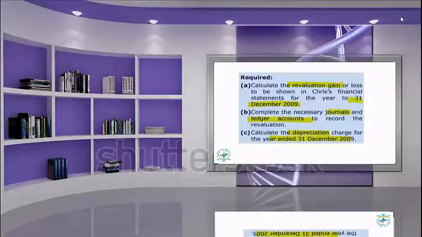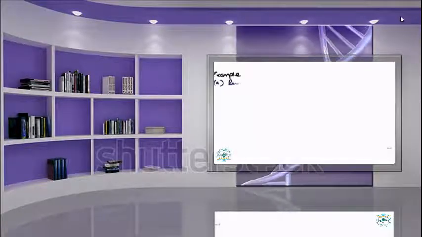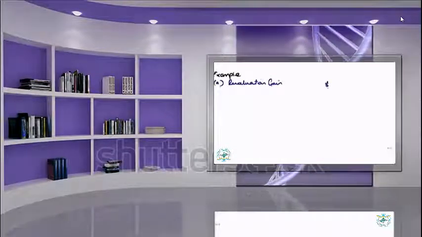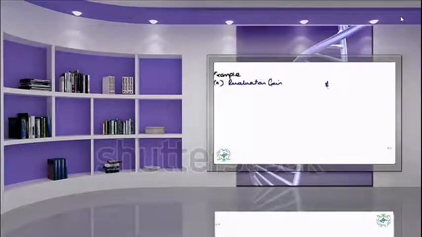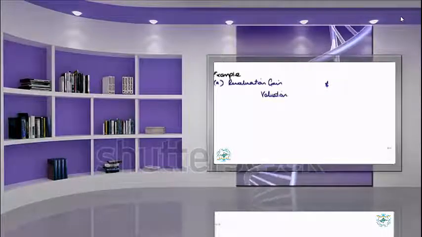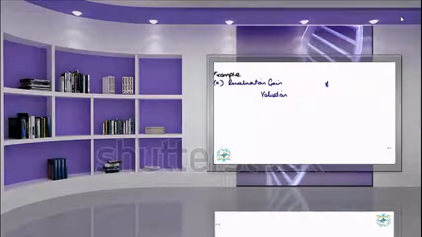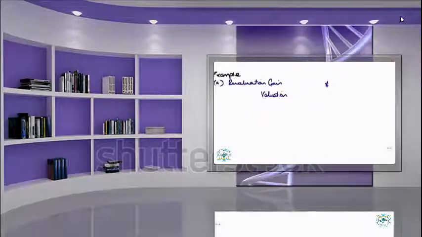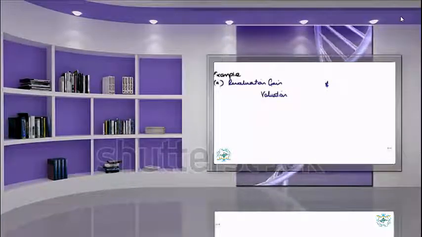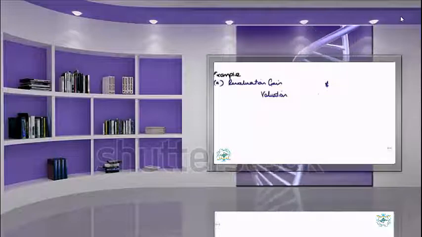And we're going to start off with Part A, which is calculating the revaluation gain or loss. So, the revaluation gain, Part A. Now, if you remember, I said there was a little pro forma to remember. We've got to compare the valuation of the asset, so the value that we want it to be. Now, if we look back at the question, they told us in the third sentence that the valuation was $150,000.